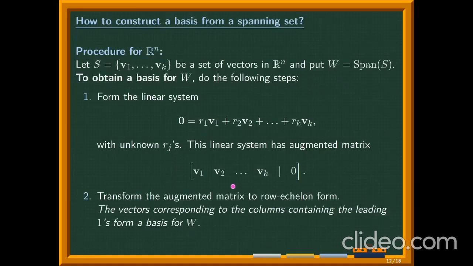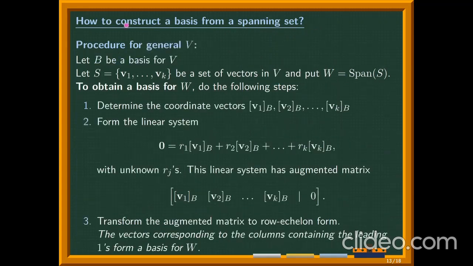To give another illustration for that remark, recall this procedure for constructing a basis from a spanning set in Rn. Okay, so this is only for Rn, but if we are going to construct a basis from a spanning set in a vector space that is not necessarily Rn, what we do is consider coordinate vectors.